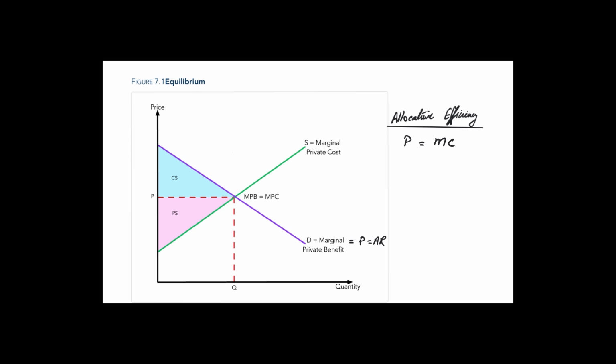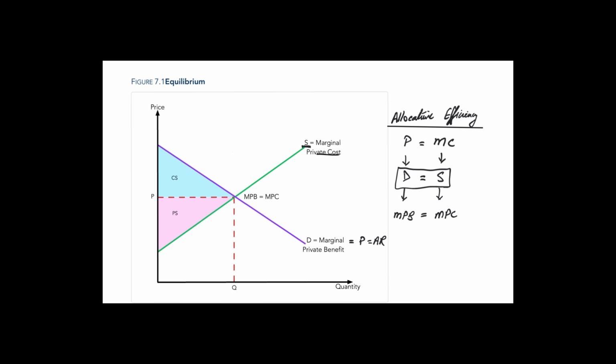So P is actually the demand curve, and in perfect competition, supply is the MC curve. When demand is equal to supply, we've learned that this is the highly efficient point, and over here we've seen how demand is the private benefit and supply is the marginal private cost, and if they are equal, then the economy is at the allocative efficiency point.